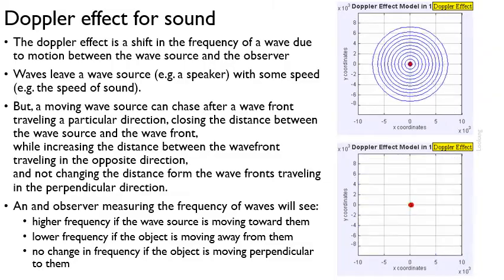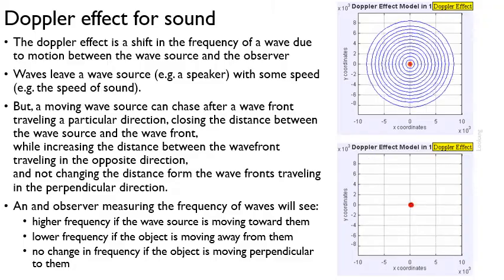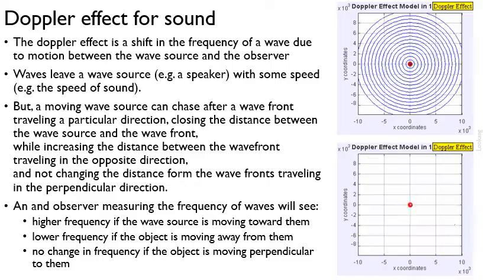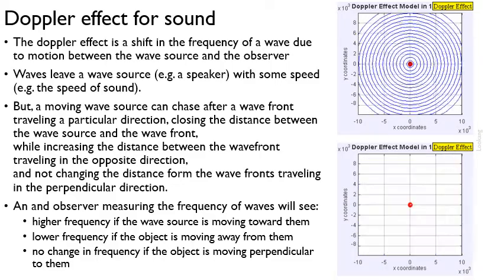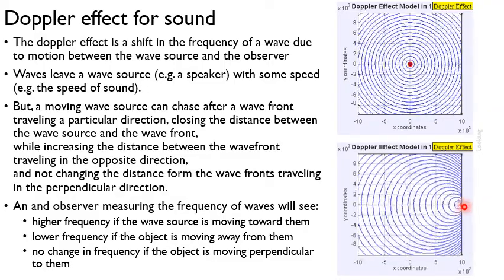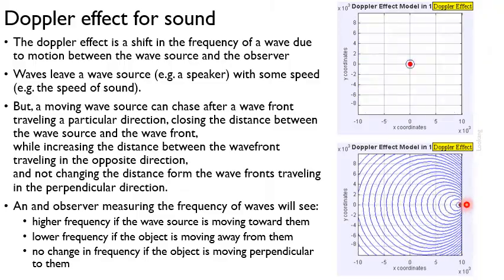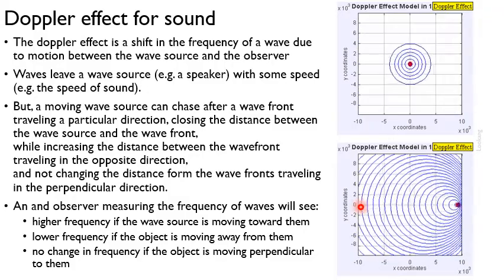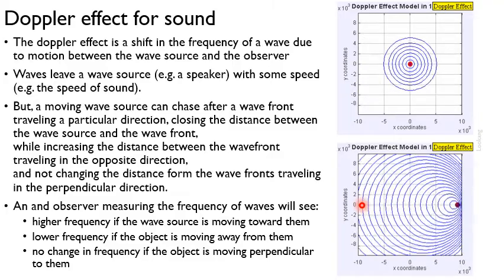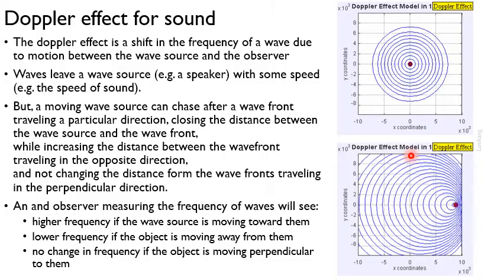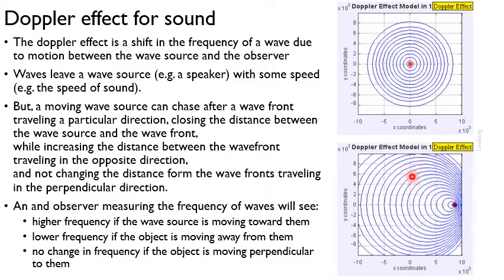If some observer is measuring the frequency of the waves, for the case of sound, maybe just sitting there with a detector like your ear, listening for the beats of the wave: if the observer is on the side the object is moving towards, the frequency is increased. If you're over here, away from where the object is moving, the frequency is decreased. And if instead you're standing perpendicular, the wavelength isn't changed at all.